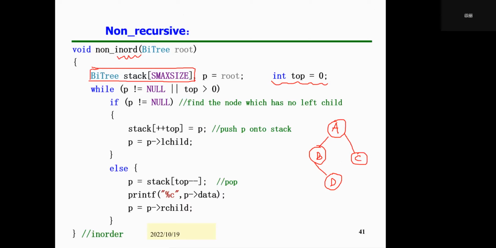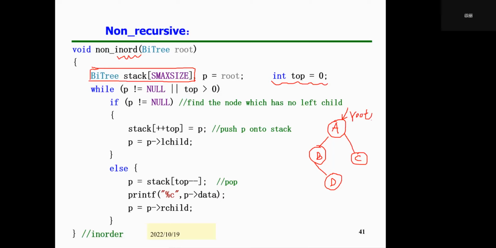Can you tell me why? As for this binary link, we just have the root pointer of this binary link.